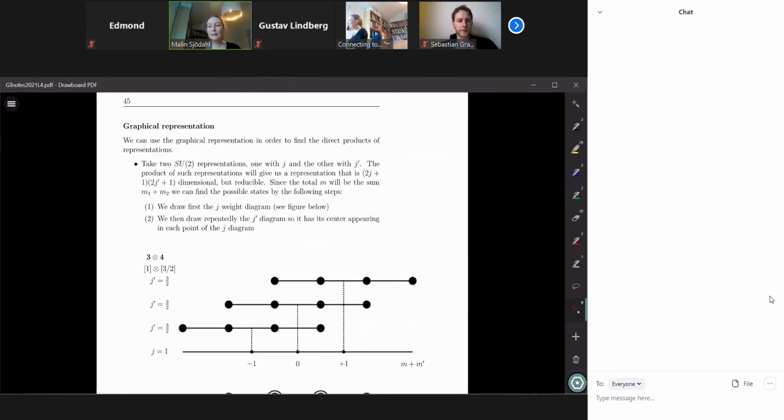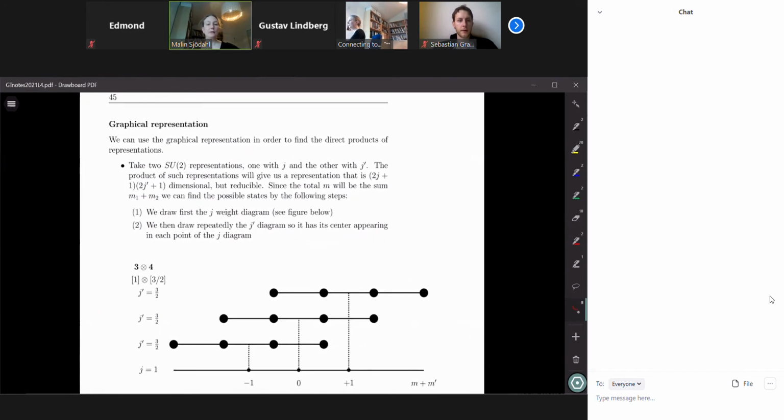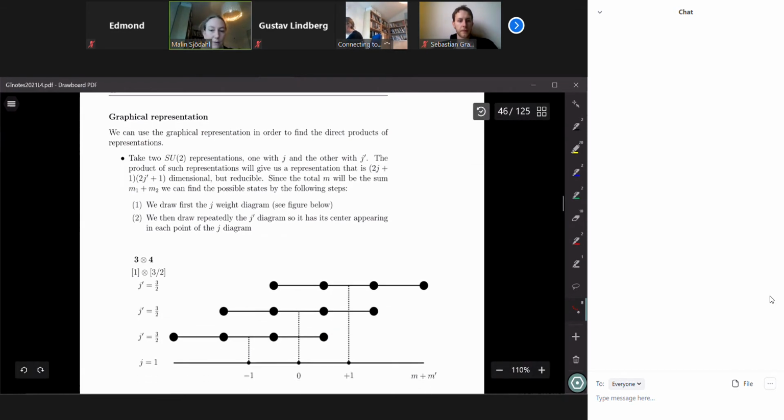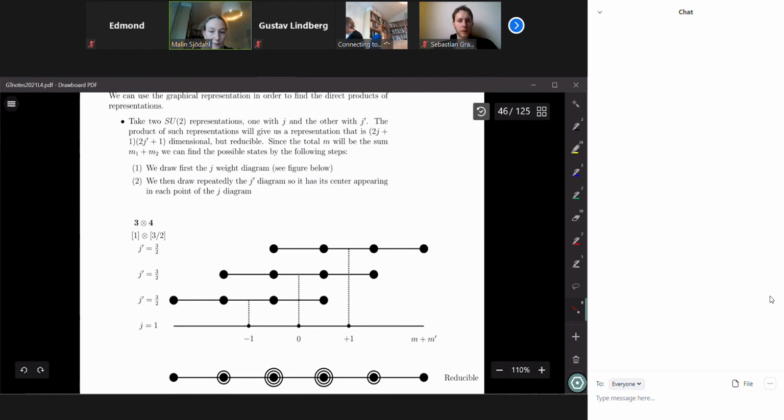So what we did in last lecture was that we added spins, 1/2. So we had one spin, 1 state.